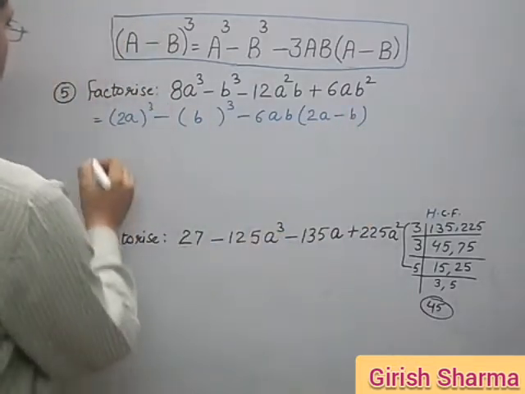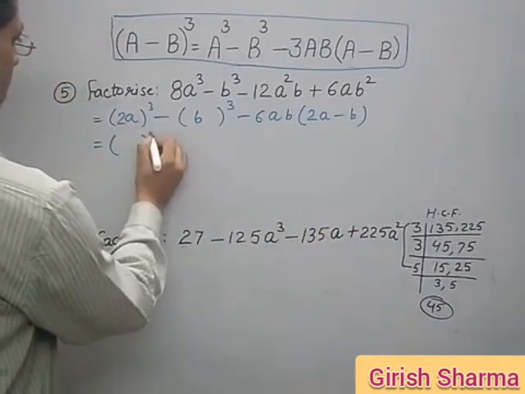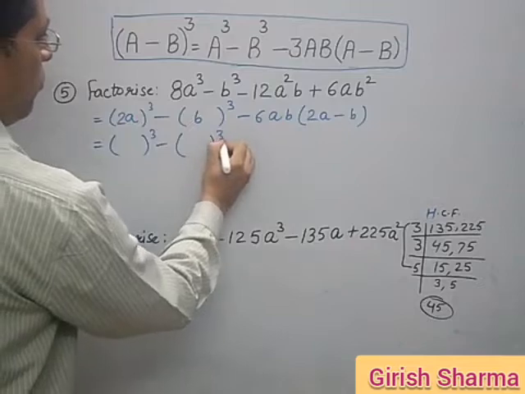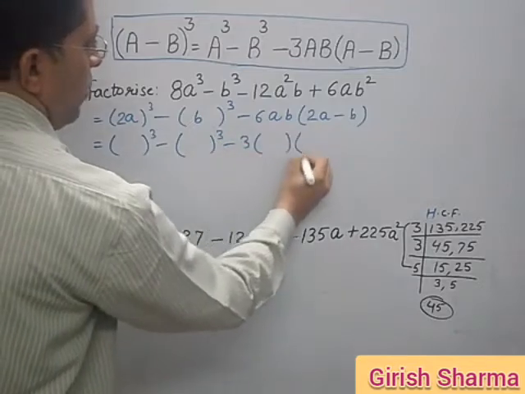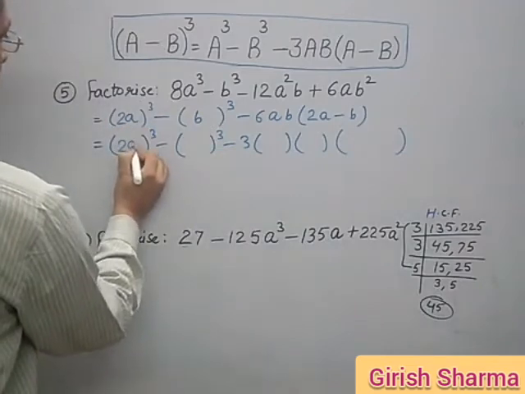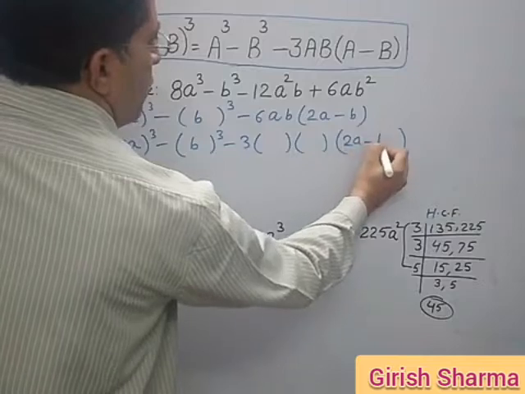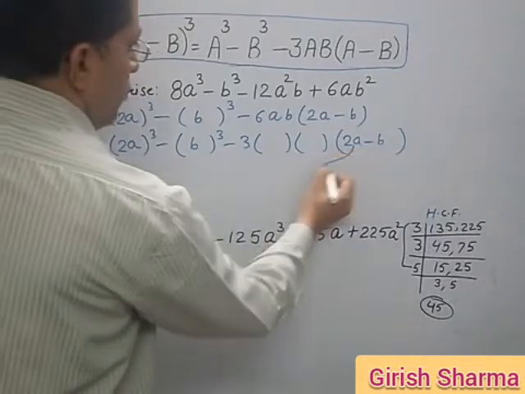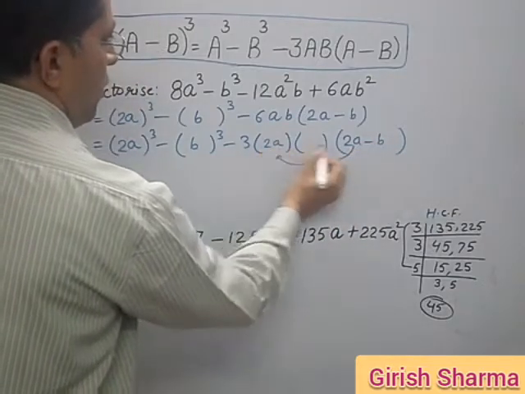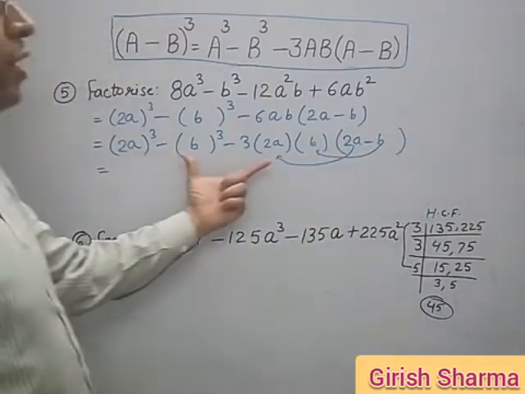Now see, I am converting to standard form. A cube minus b cube minus 3ab(a minus b). Here a is 2a, b is b, then 2a minus b. This 2a will come here and this b will come here. Now this is in standard form.